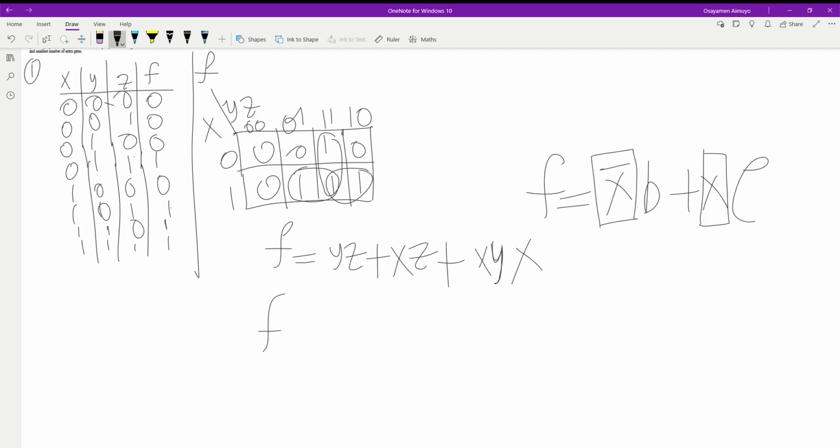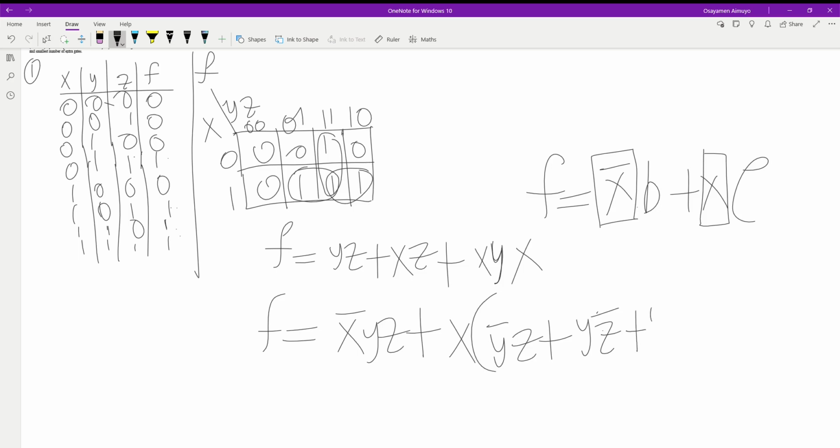Let us write each minterm. Okay, so we have x bar yz, or I'm just going to factor out this x for the remaining terms. Y bar z or yz bar, or yz.